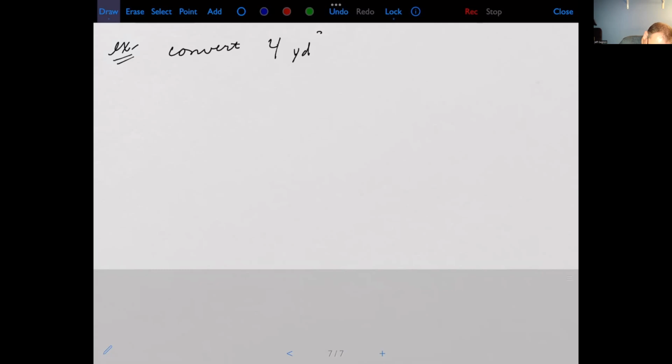And the way to write that is yards cubed, right? So 4 yards cubed, same as cubic yards, to feet cubed, which we also say cubic feet. So I start with 4 yards cubed, and I want to ultimately go to feet cubed.